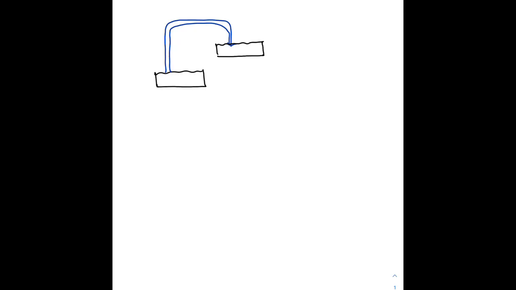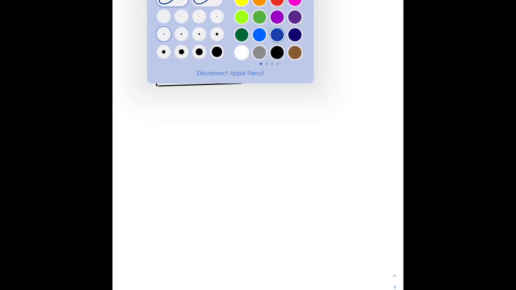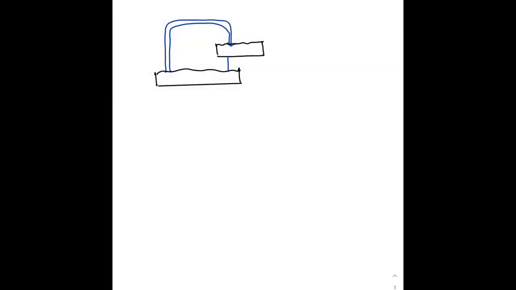Let me fix this. Here's our reservoir, and then from here the water goes back into the reservoir from the jacuzzi. Here's the flow, the approximate path that it takes.